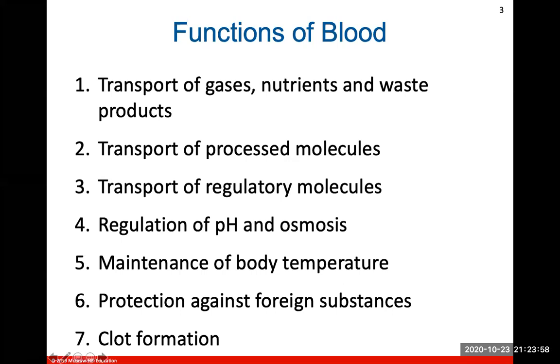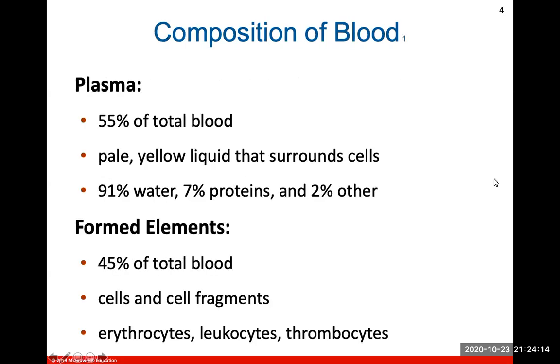Your white blood cells are all of your immune system response cells, and also helps with clot formation. If there's ever an instance when you're losing blood, blood will go to that site, and the platelets within the blood will help to stop the blood from leaving the body as a clot.